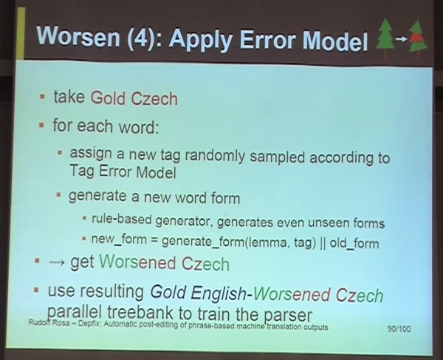So we get a new form which is incorrect, and this is the worsened Czech. So then we have a gold English, worsened Czech parallel treebank. The good thing is that we only change the individual words, so we can still keep the same tree structure. This is important because we want to have the gold trees, the correct trees, but the incorrect sentences underneath.